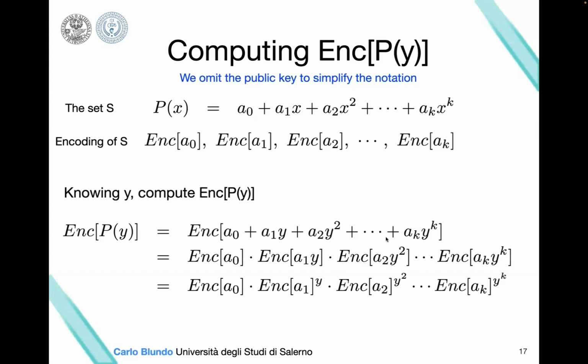Since I know Y, I know how to raise it to the square, and this value can be rewritten as the encryption of A2 raised to Y squared. So knowing the encryption of the coefficients, I can compute the encryption of the polynomial evaluated at any point Y I want, just by computing what is written at the bottom of the slide. Each encryption is known, Y is known, and I can raise Y to the power from 1 to K.